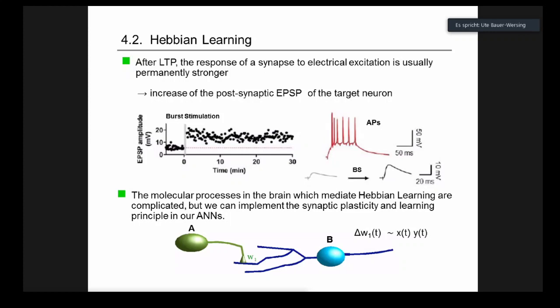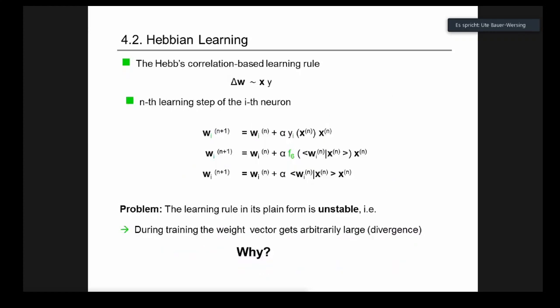So this is the background on why this Hebbian learning rule is referred to as biologically motivated.